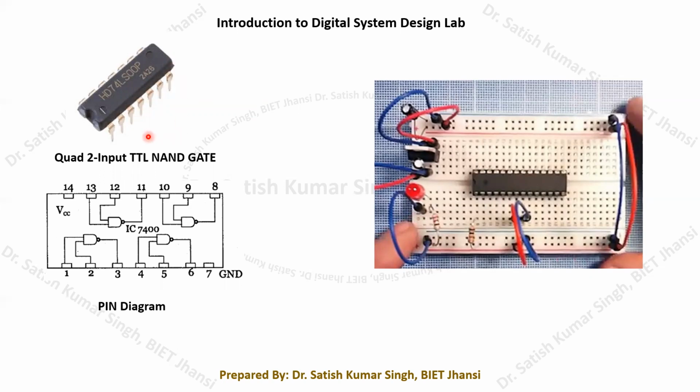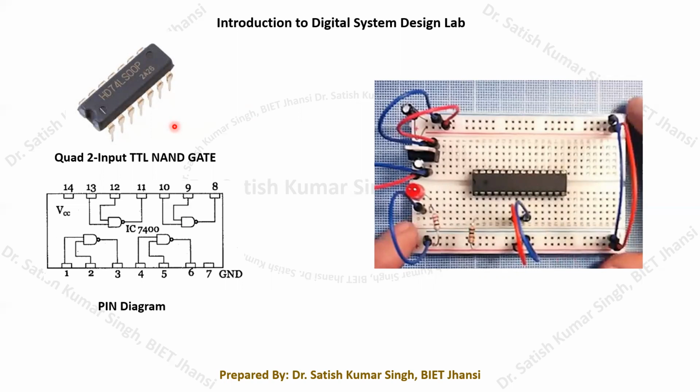You can count how many pins we have: 1, 2, 3, 4, 5, 6, 7, and another 7 on this side. In total, this 74LS series, or any TTL logic gate that we are going to use in our laboratory, will be a 14 pin IC. Remember that there will be a total of 14 pins.